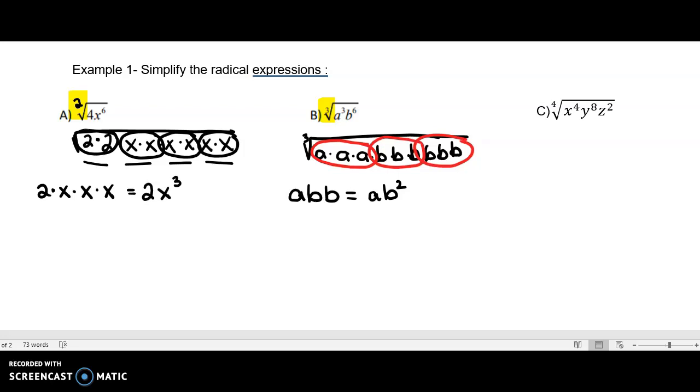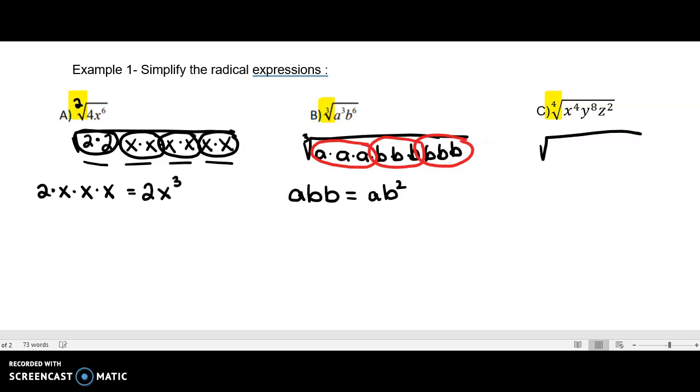Okay, for C, what is my index? What am I going to be taking out groups of? I'm going to take out groups of 4. Okay, it can be very, very tedious to continue writing these variables out, so I'm going to do it a different way where I'm writing them as groups of 4.